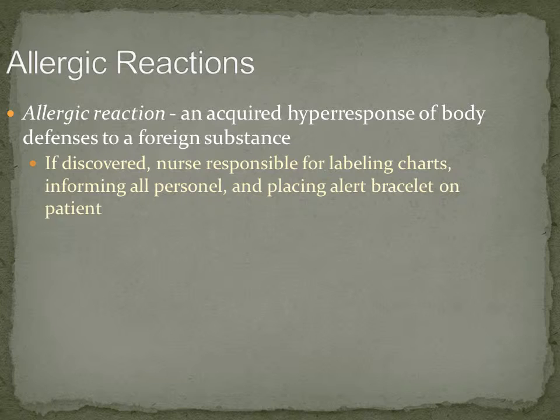It's critical that we know patient allergies prior to giving a medication. Our hospitals are going to have special bands that are going to give us that information. But if we're in a clinic setting, for example, they aren't going to have those bracelets, and we're going to need to review that patient chart and even question the patient as far as their common allergies.